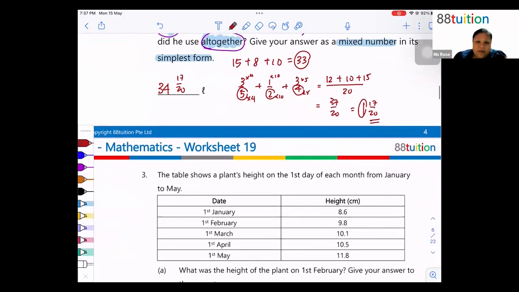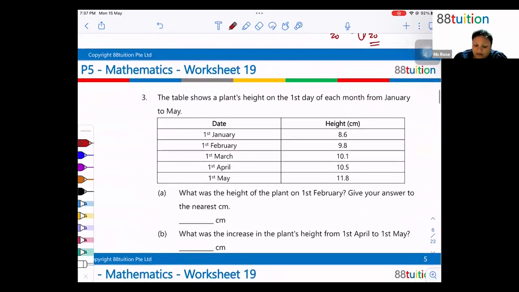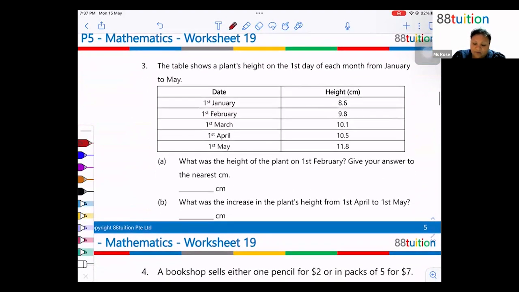Okay, now let's look at question 3. The table shows a plant's height on the first day of each month from January to May. So take note, first day of each month from January to May. What was the height of the plant on 1st of February? On 1st of February, the height is this.